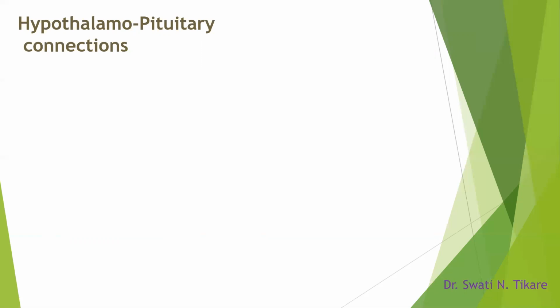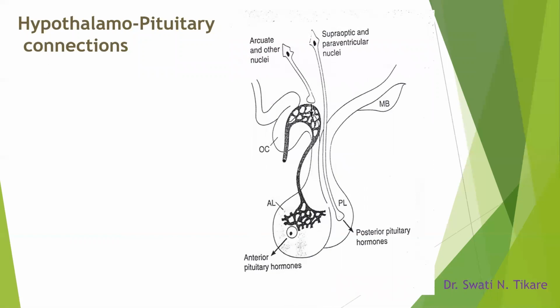This is a very important and interesting aspect of how the hypothalamus is connected to the pituitary gland. So this is a very simplistic diagram that you will definitely have to practice how to write. The top portion is the hypothalamus.